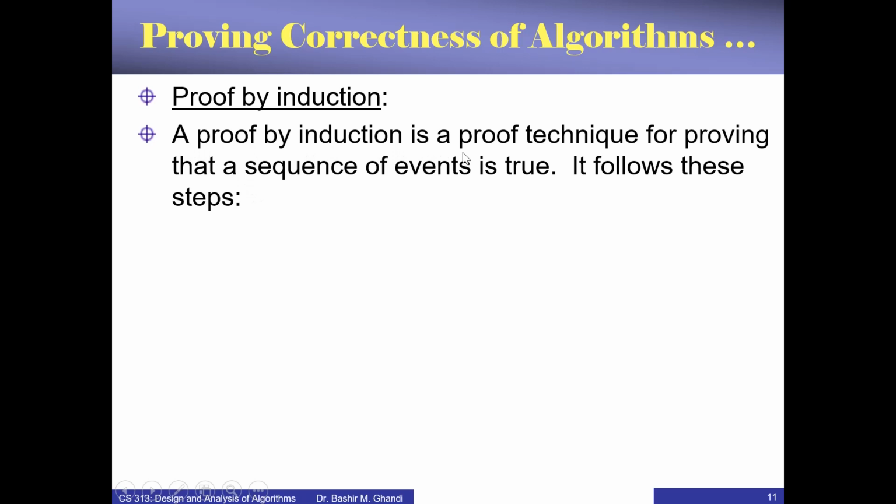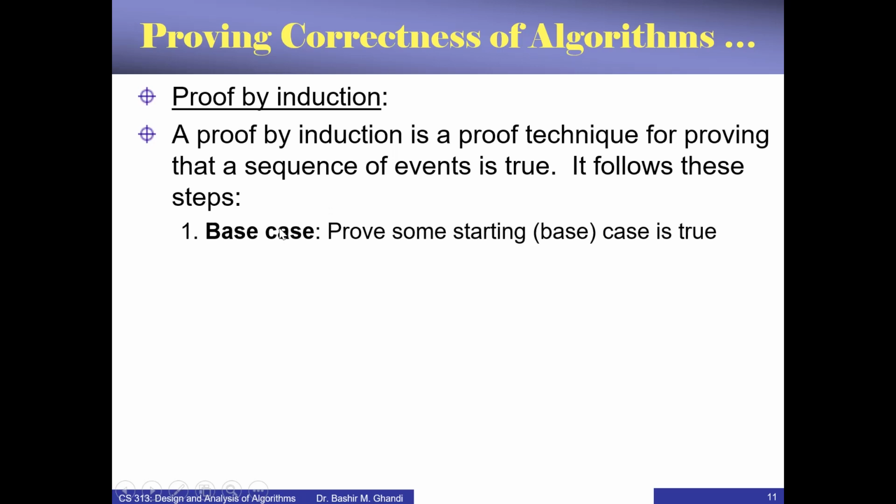So a proof by induction is a proof technique for proving that a sequence of events is true. And it follows two main steps. First, prove that the base case is true. So prove that the starting case is true.